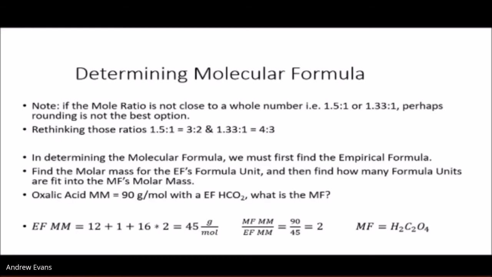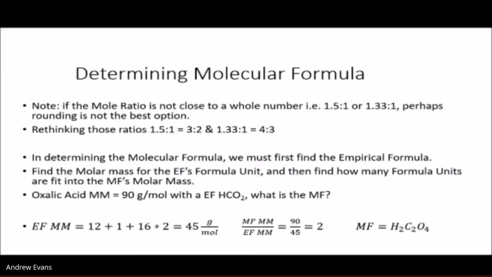But basically, once you have the molar mass, what are we going to do? We're going to look at our empirical formula and compare our empirical formula mass to the molar mass. If done right, the empirical formula mass should be some factor of the molar mass.